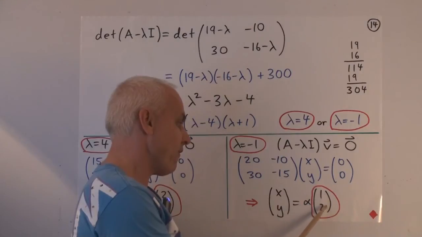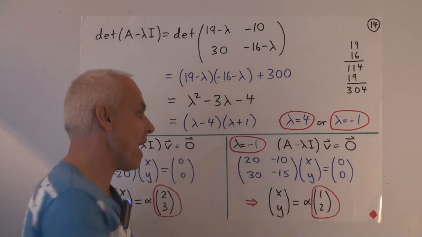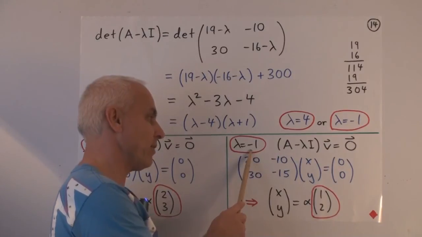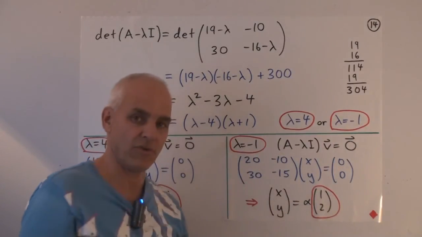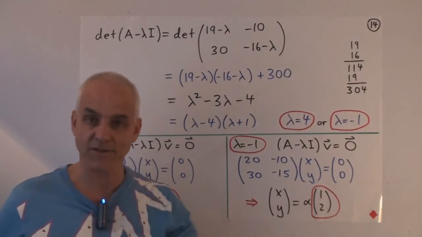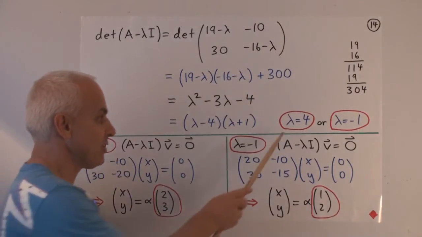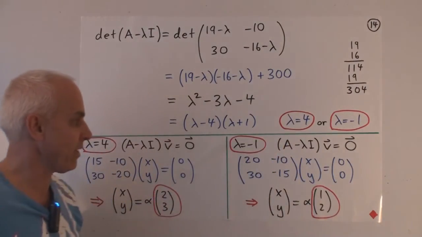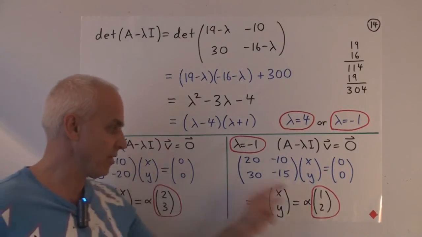It's a multiple of (1, 2). So the associated eigenvector to the eigenvalue lambda equals minus 1 is this vector (1, 2). And these are the two vectors that I pulled out of the hat on the previous page. And these are the multiples that you get when you multiply the original matrix A by these two vectors.